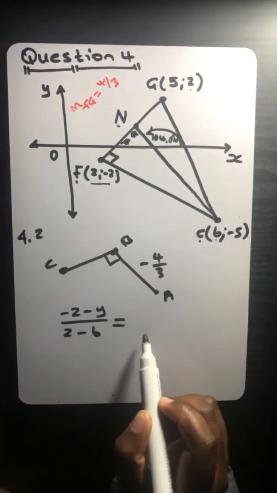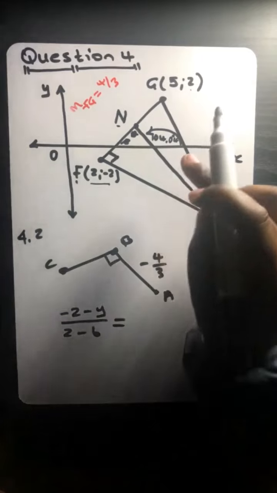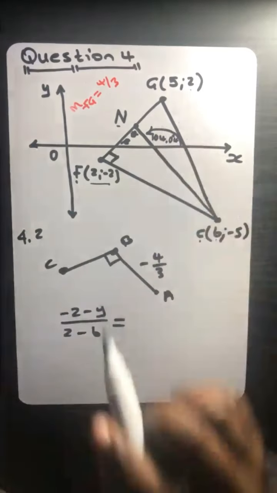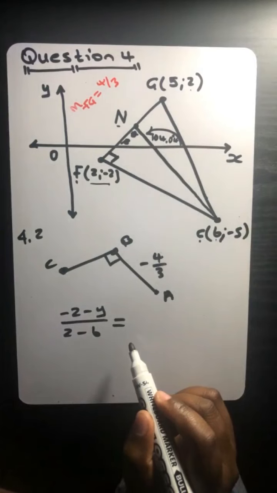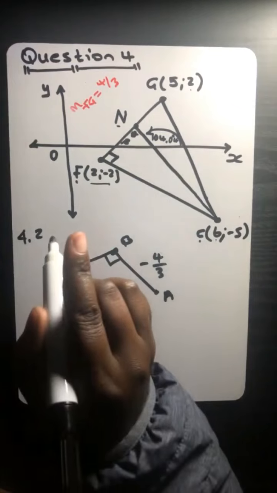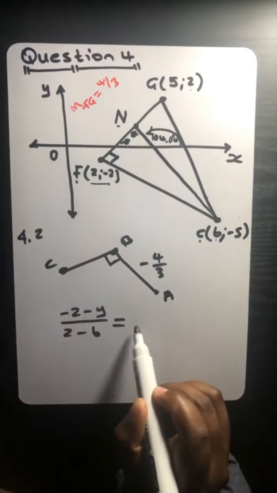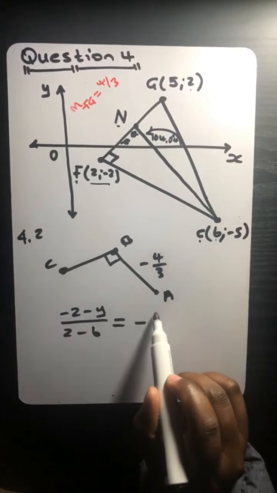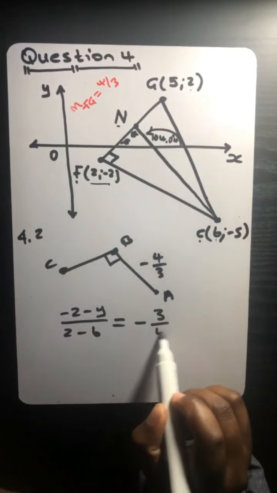At the same time, you just equate it to the gradient of that, but you write it in the opposite sign. Can you see it's positive 4/3? Then you write it in the opposite sign, it's negative. Then you swap, there you've got 3, there you've got 4.